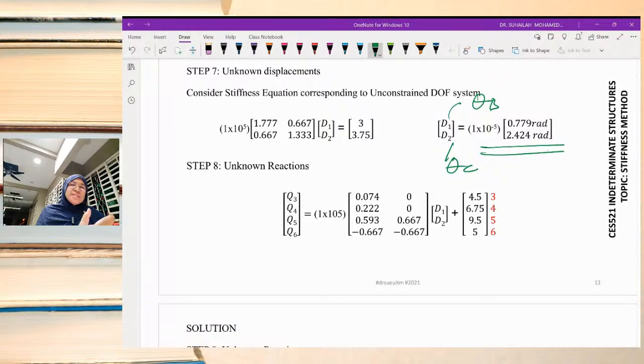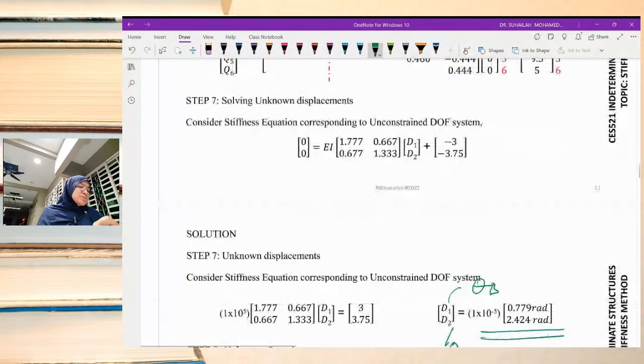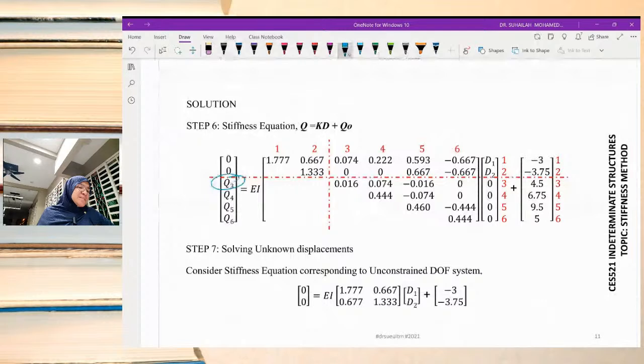So using this d1 and d2, we have to substitute into the stiffness equation. When we want to calculate Q3, it means this line times this plus this.